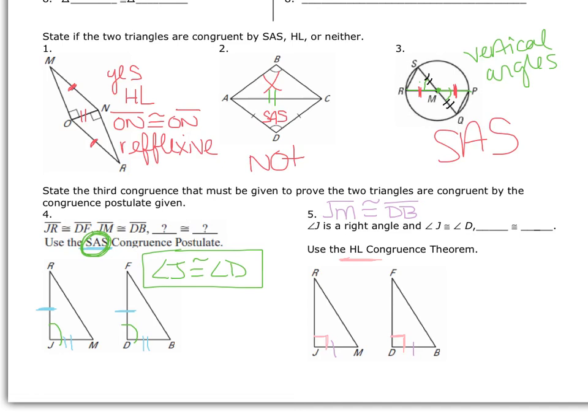Hypotenuse leg requires that a pair of legs are congruent, the same leg, corresponding pieces, so you have that, so that we have our right triangles. What's missing are the hypotenuses, so we actually need these pieces here. We need RM is congruent to FB. That's all she wrote.